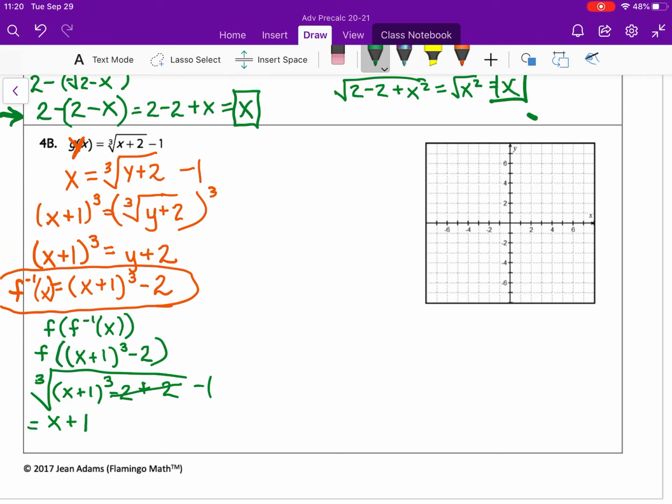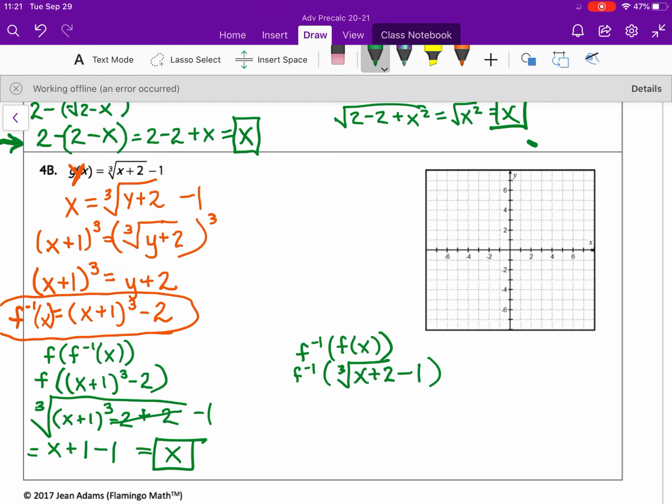I get that. All right, so if I reverse it and do f to the negative 1 of f of x, the original function is the cube root of x plus 2 and then minus 1. And I'm going to substitute that in where there's an x in the inverse function. Oops.